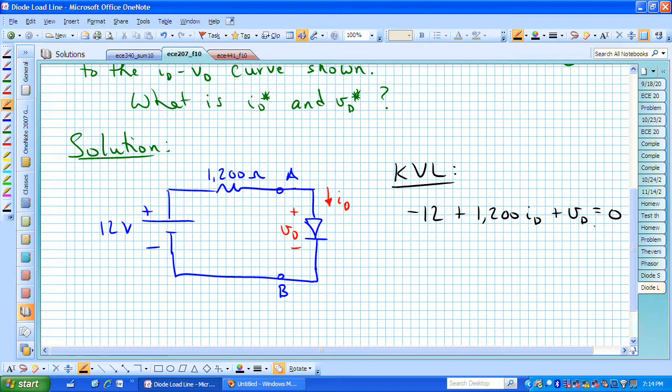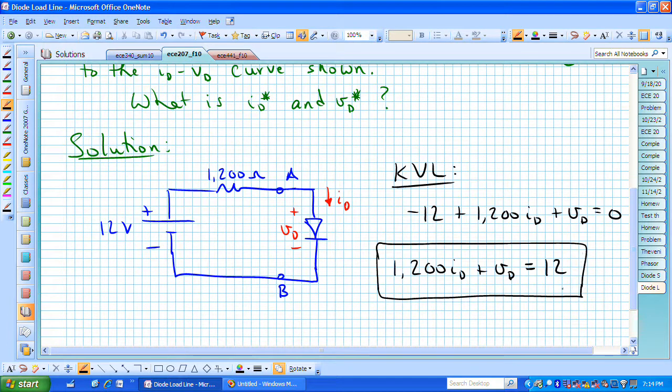And that's now our equation that governs this voltage current relationship of this circuit for various combinations of I sub D and voltage V sub D. Or we could say that 1200 I sub D plus V sub D is equal to 12, just another way of writing that relationship between the current in that circuit and the voltage V sub D across some two-terminal device between points A and B.